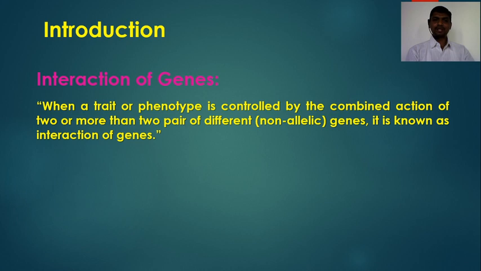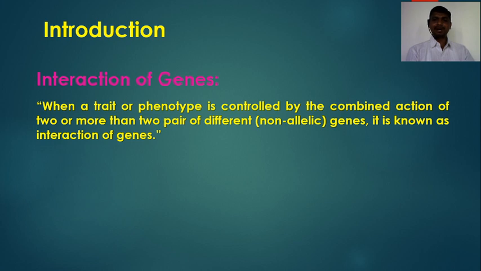Now here we are considering non-allelic genes. There are two different genes, for example, a gene C and another gene E. These two genes have alleles, for example, capital C, small e. These are non-allelic genes.